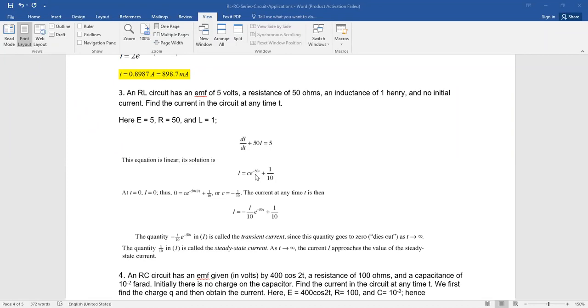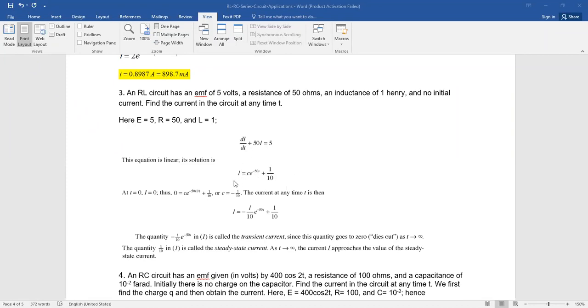Since we're done already with linear differential equations, the equation that you will be having is i equals C e raised to negative 50t plus 1 over 10. How did this particular equation come about?